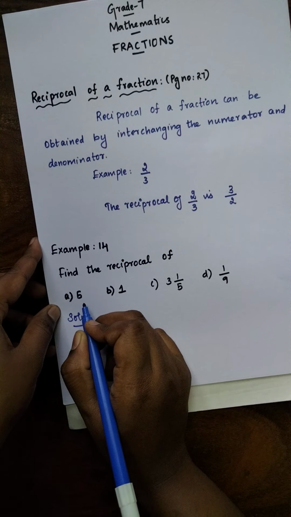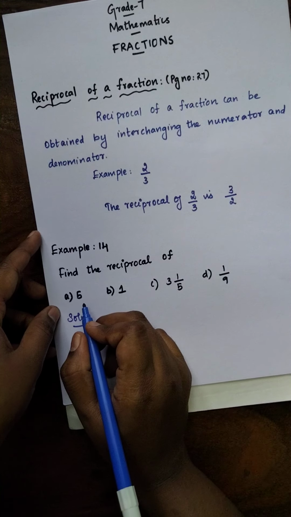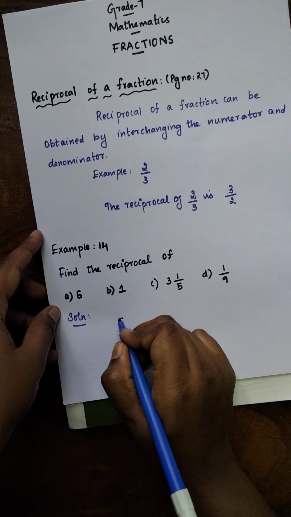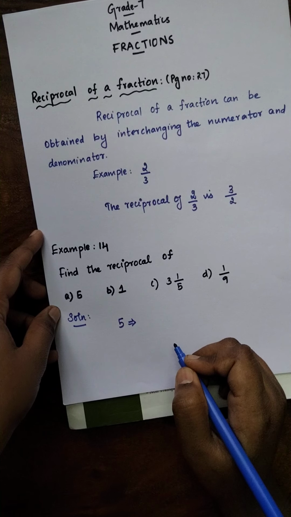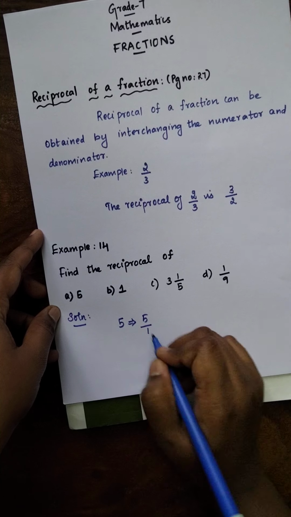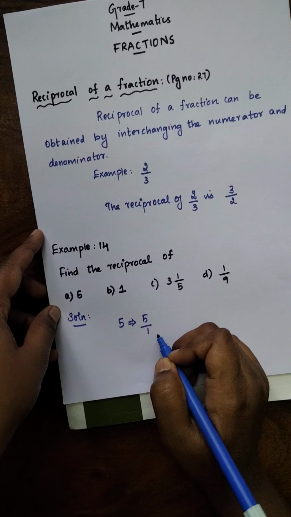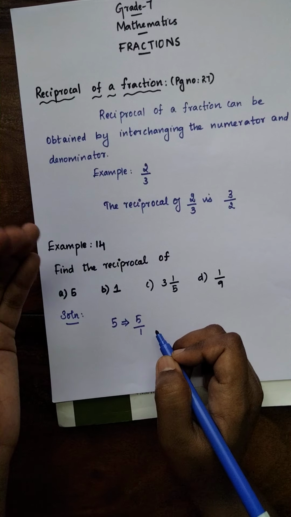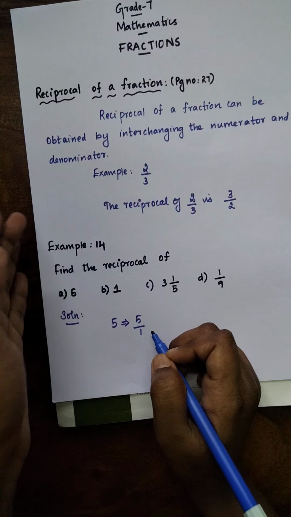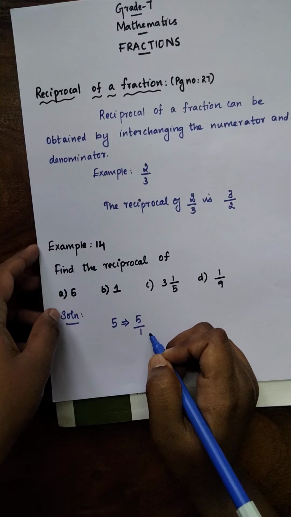Our first question is 5. We are going to find the reciprocal of the number 5. We can write 5 as 5 by 1. If there is no denominator, if it is a whole number, the denominator is 1.